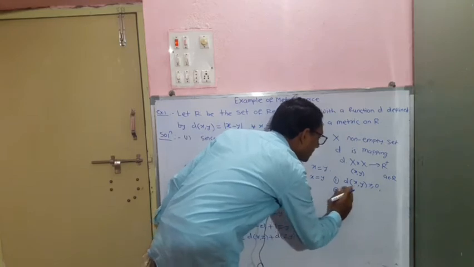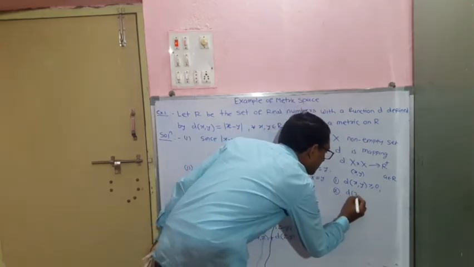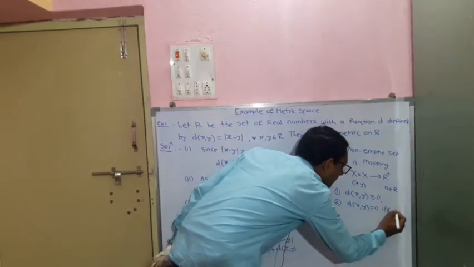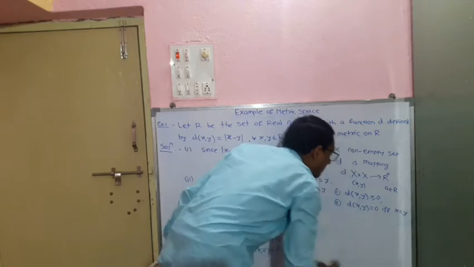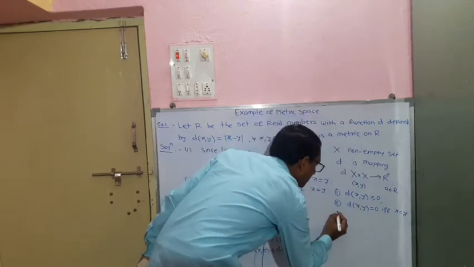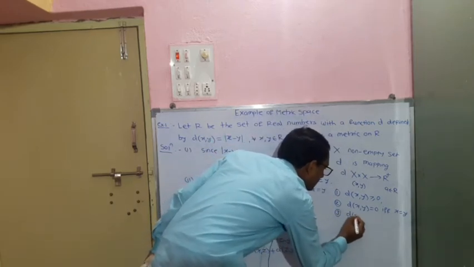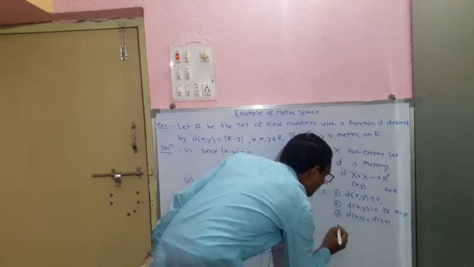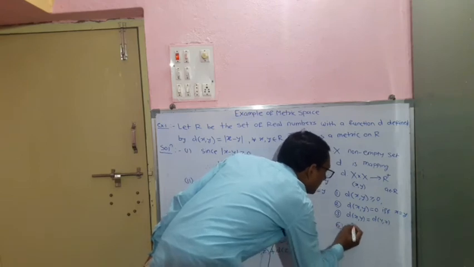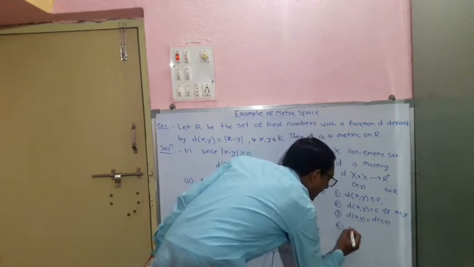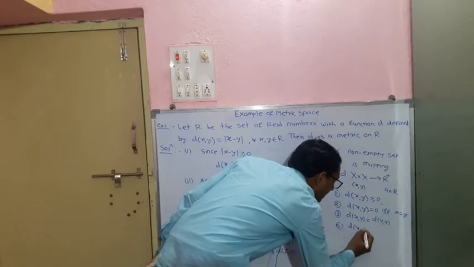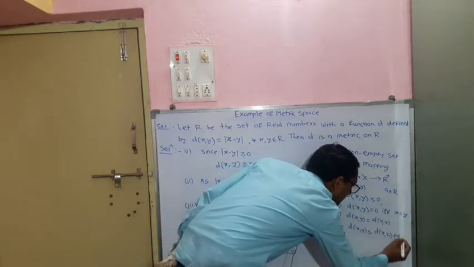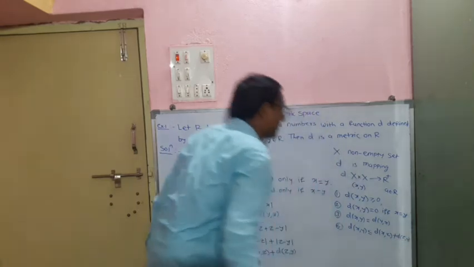Second condition, the distance between X and Y is equal to 0 if X is equal to Y. Third condition, the distance between X and Y is equal to the distance between Y and X. And the last condition is, for any 3 elements X, Y, Z of X, the distance between X and Y is less than or equal to the distance between X and Z plus the distance between Z and Y.